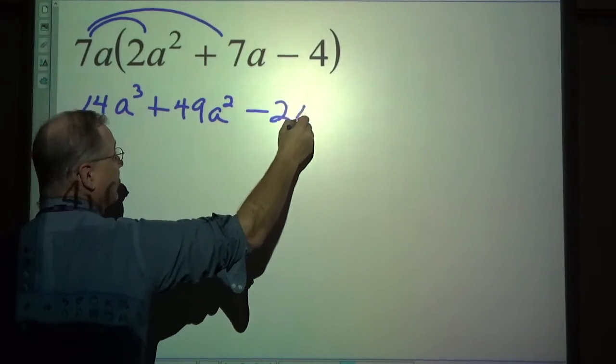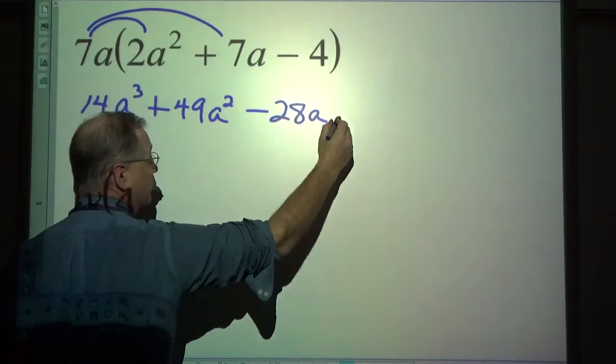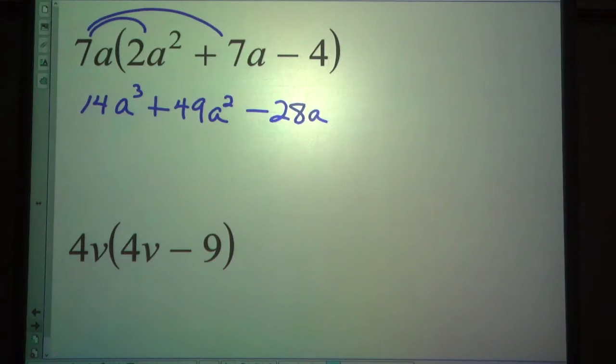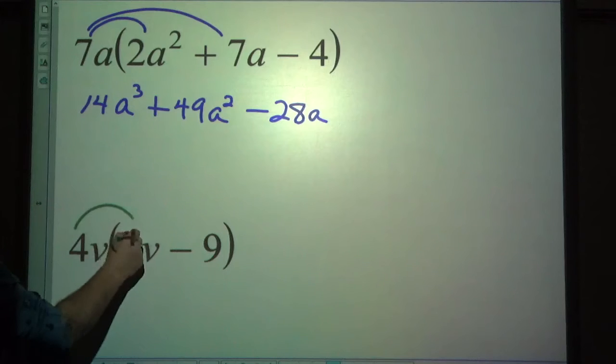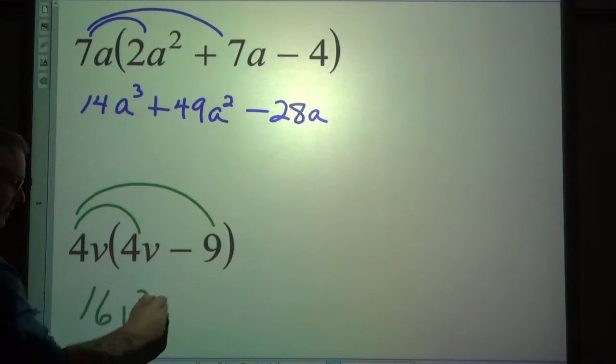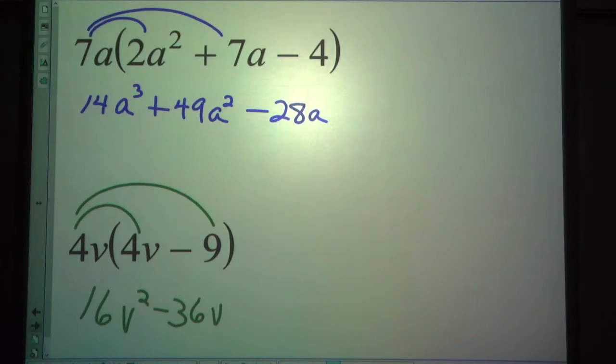Minus 28, and this is an a to the first that doesn't have an a, so I just put it in there. It didn't change the exponent because there was nothing to add it to, the exponents. 16v to the second minus 36v to the first.